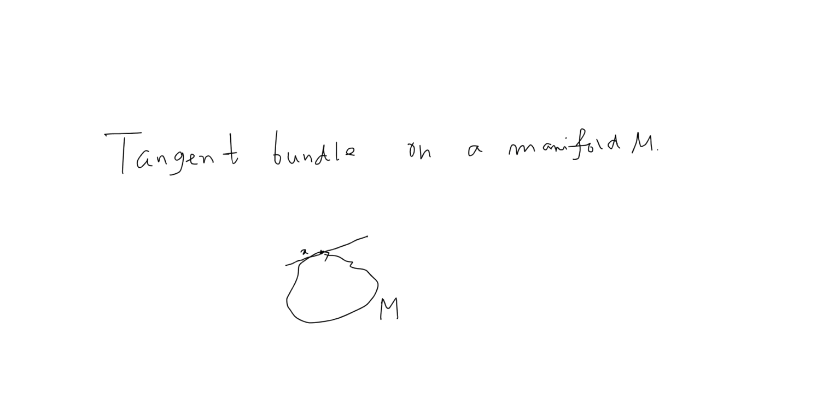For example, if you have a circle, then you can see that at each point you have this tangent, and then at a certain point you have this tangent space, which is a one-dimensional vector space, and then you can vary the point.